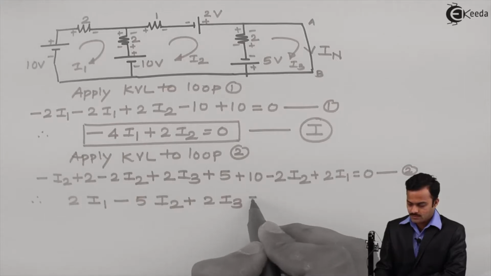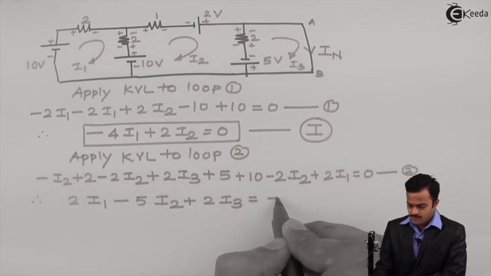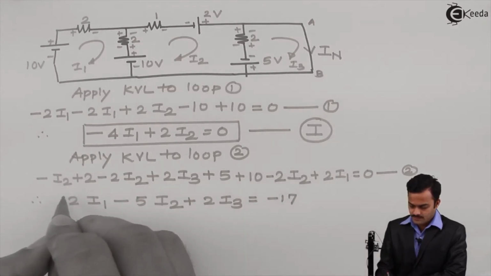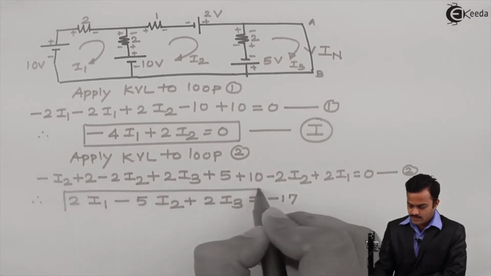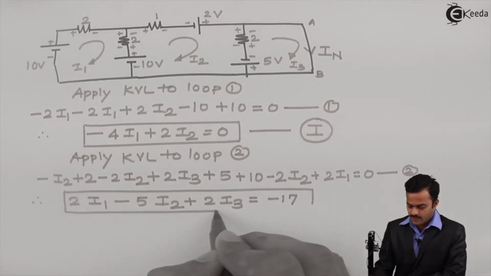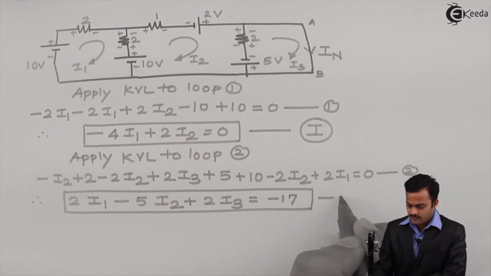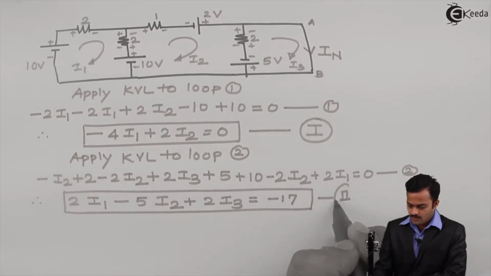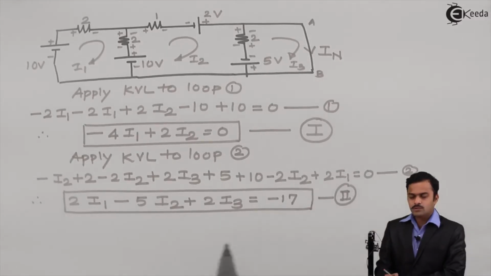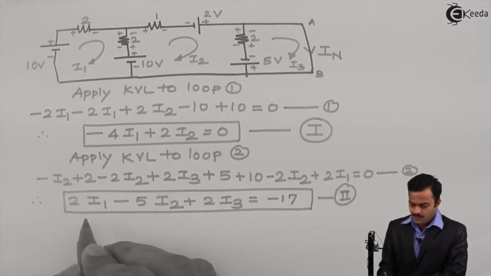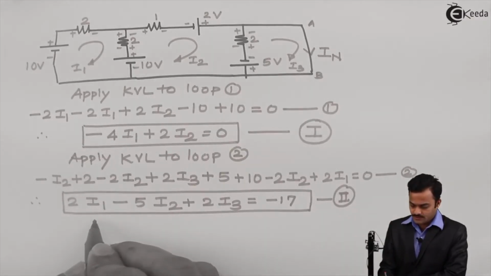If I take the constant to the other side, I will get minus 17. So this equation we should consider for solving I1, I2, I3. I will give it Roman number 2. Similarly, I can apply KVL to loop 3.